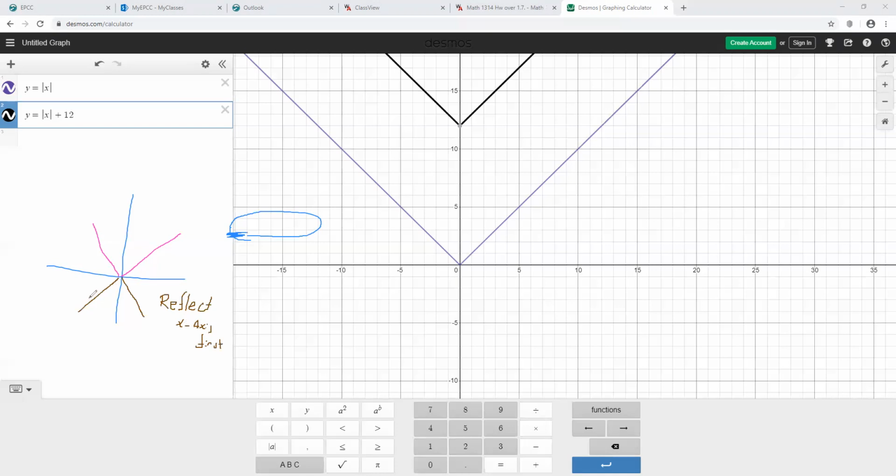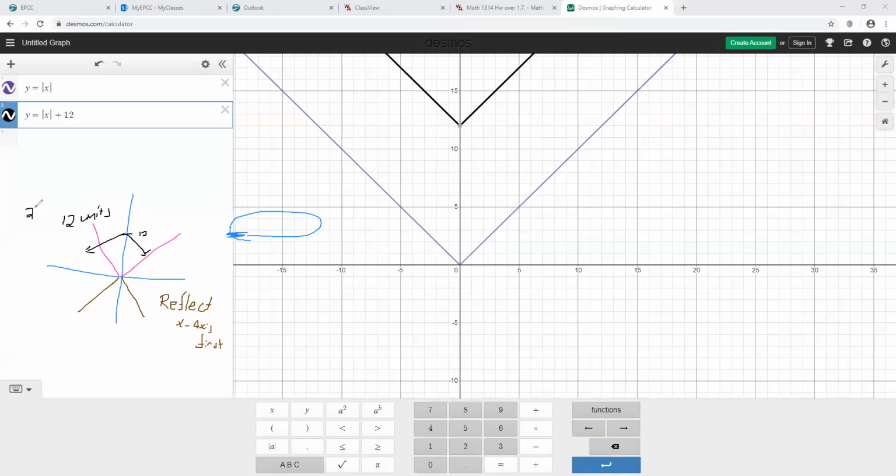And then what would happen, Megan? If we said now move it up 12, what would happen to this brown one? It would move up to where your black one is. Yep, but it would be facing which way? Down. And this would be 12 units up.